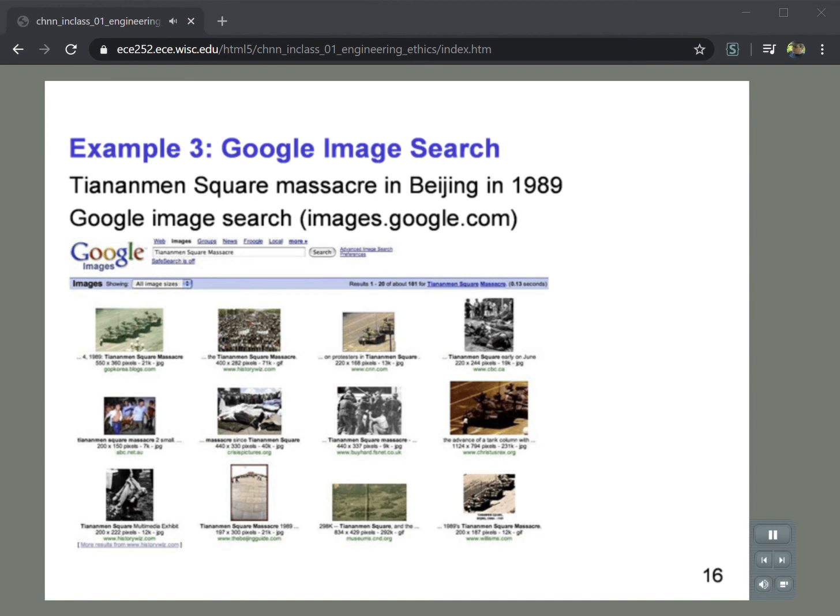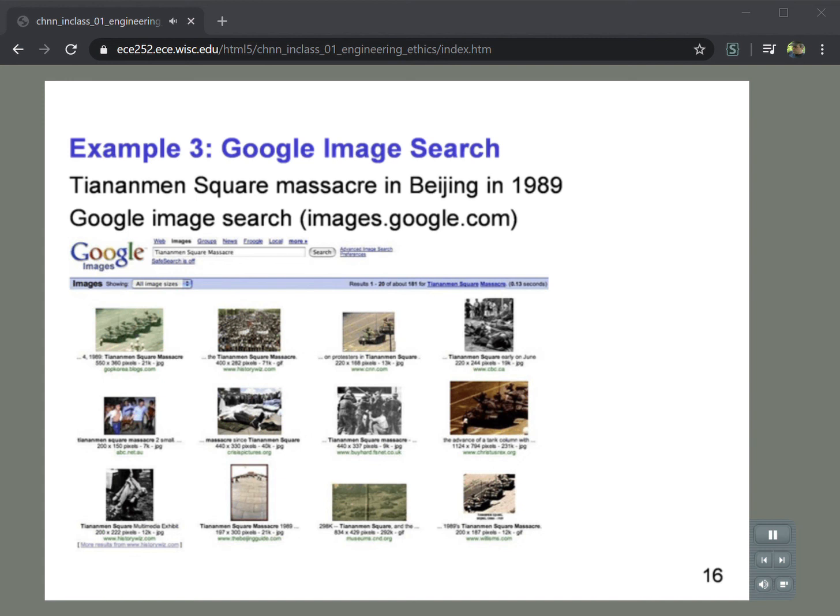This final example here has to do with something that came up just a few years ago. So hopefully most of you are familiar with the Tiananmen Square massacre, which happened in Beijing in China in 1987. This was a protest that happened in this public square, where the Chinese government sent in the Red Army, tanks and everything, to basically quench this protest, and a bunch of people died as a result.